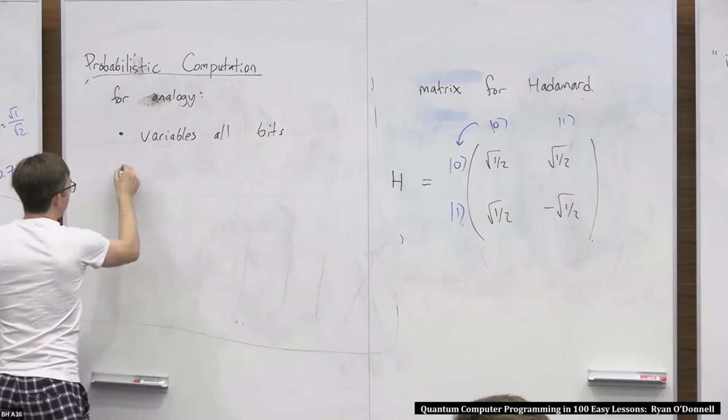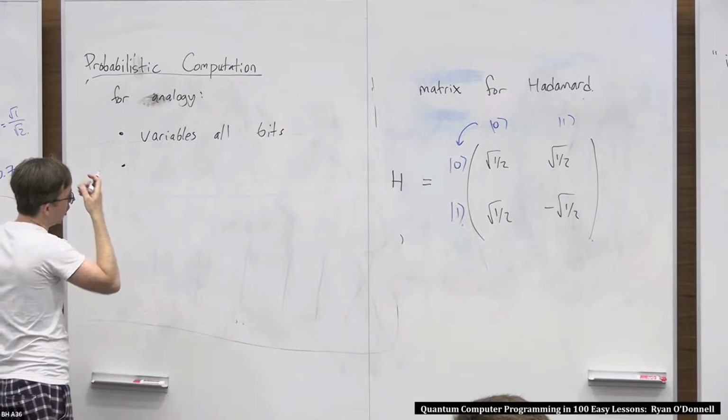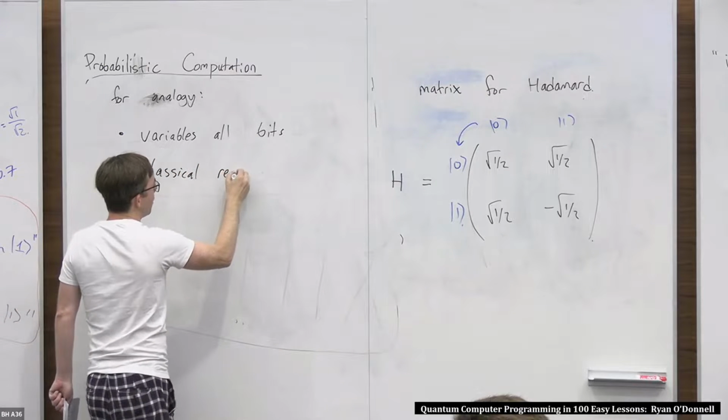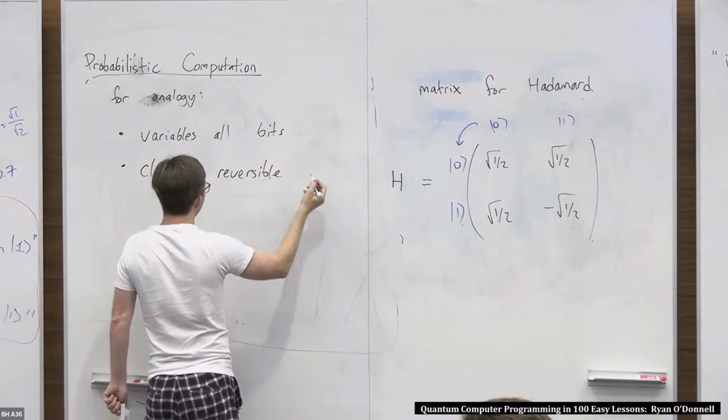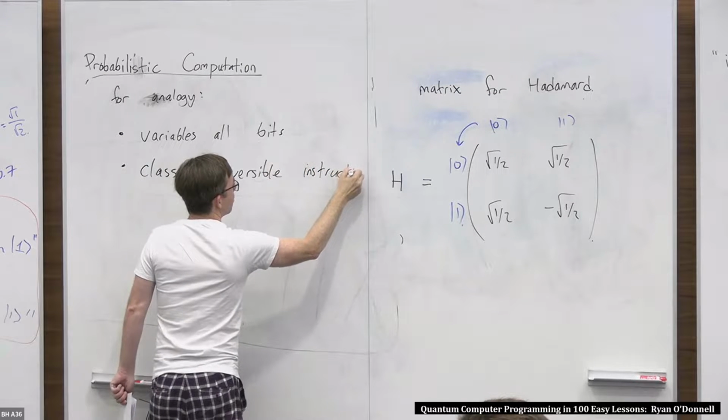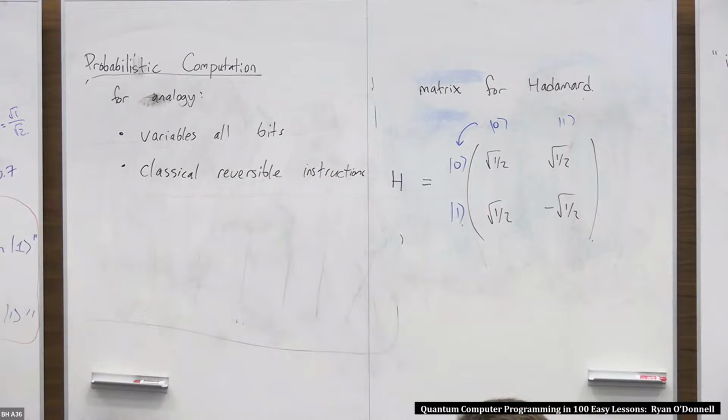And my deterministic regular instructions will all be classical reversible instructions. They don't have to be; of course, in regular code you can use any kind of bit instruction. But just to make the analogy clear, I'm only going to give you examples that use classical reversible instructions on bits.